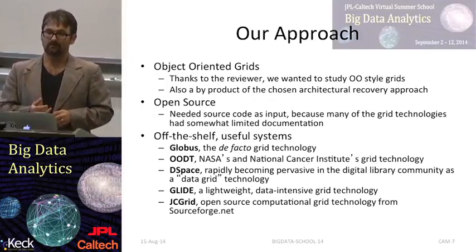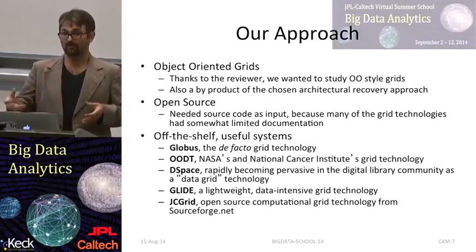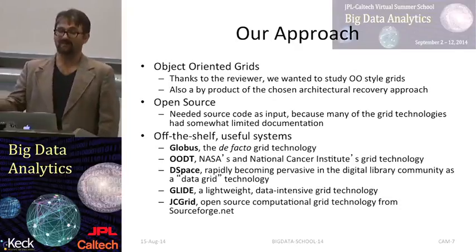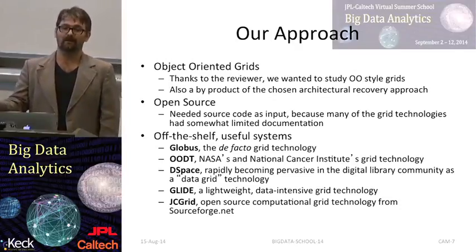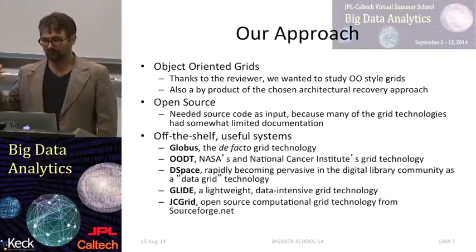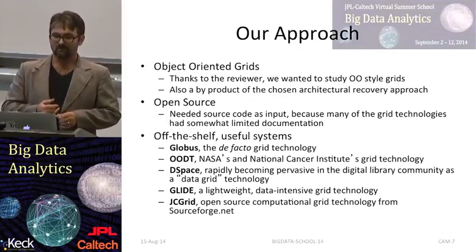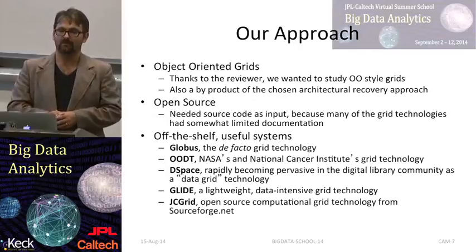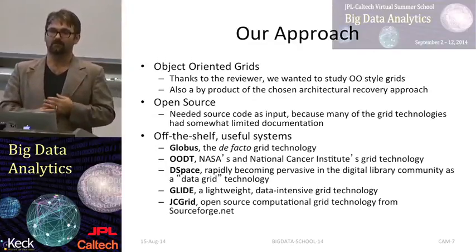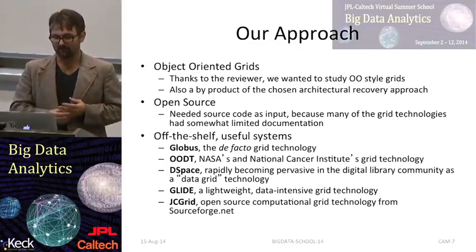We wanted them to be open source because we wanted to be able to look at the source code, being the most up-to-date version of the software and the most canonical representation of your system as it evolves. And we also wanted to use off-the-shelf systems that seem to have a big user base. So these were the initial 5 that we studied.